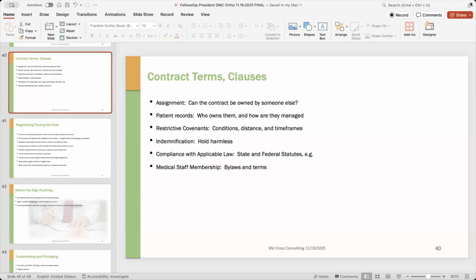Of course, there's never language in the contract that speaks about their EMR, but have a good understanding of the EMR, because if you're on a productivity model of compensation, the billing has a lot to do with how the RVUs are collected, how they're tracked, which could have an effect on your productivity. So have a really good understanding of their billing system.